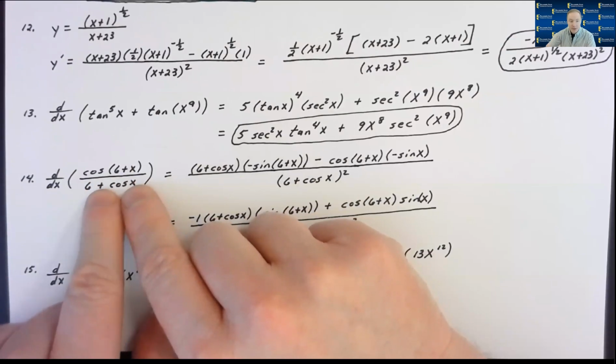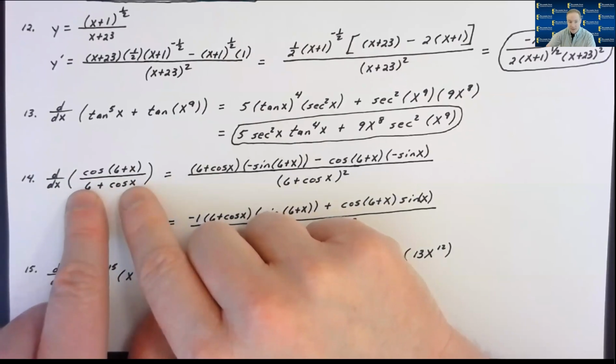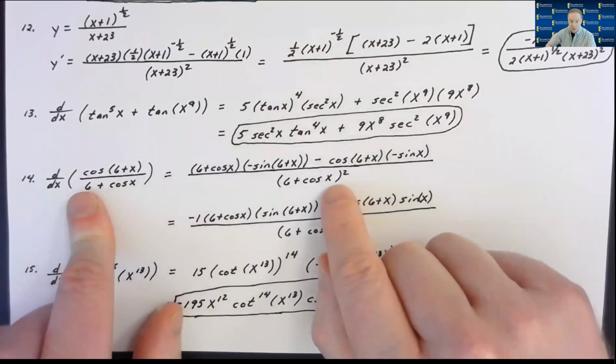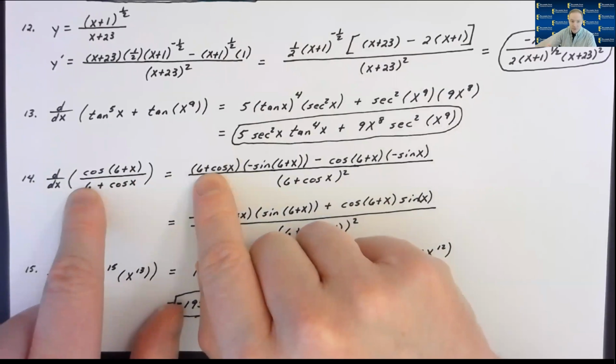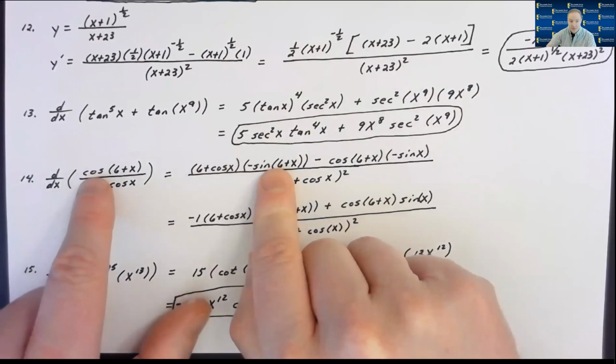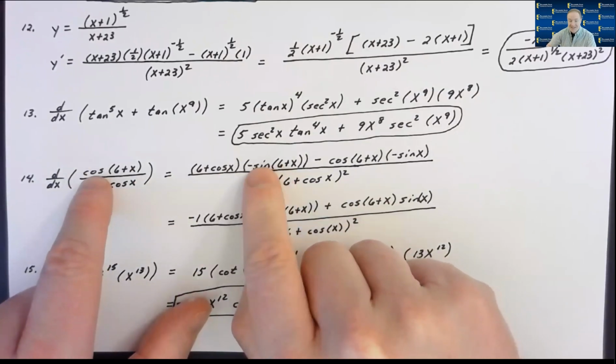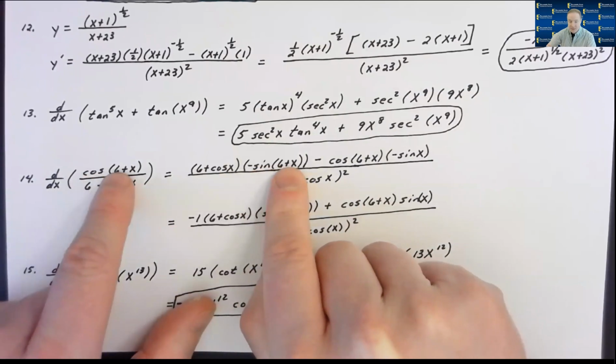Derivative with respect to x of the cosine of the angle 6 plus x over 6 plus cosine x. As with all quotient rules, we square the denominator. Bring that denominator to the numerator times the derivative of the numerator. Derivative of cosine is negative sine. Keep the angle.